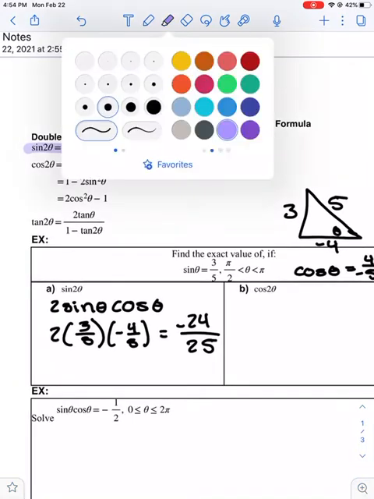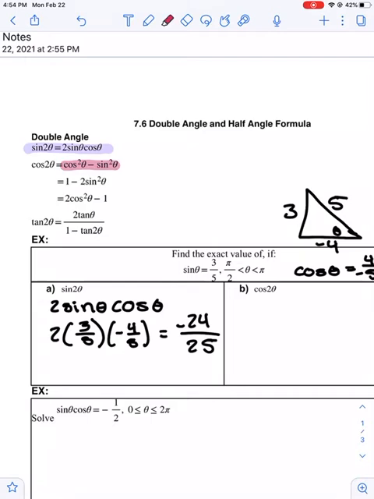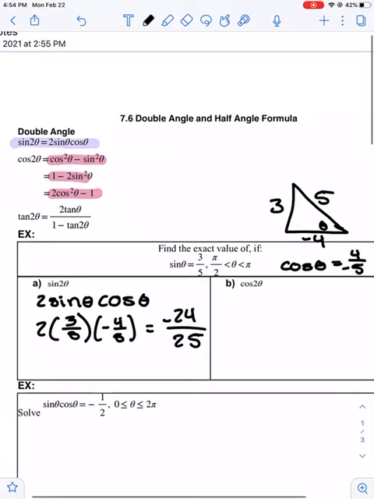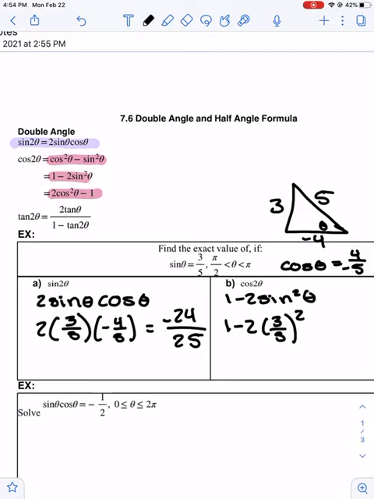Okay, now let's look at cosine 2 theta. For cosine 2 theta, you can use any of these formulas. They all will give cosine 2 theta. So let's just use 1 minus 2 sine squared theta. So 1 minus 2 times the sine of theta, which is 3/5, and then it's squared because of this squared here.